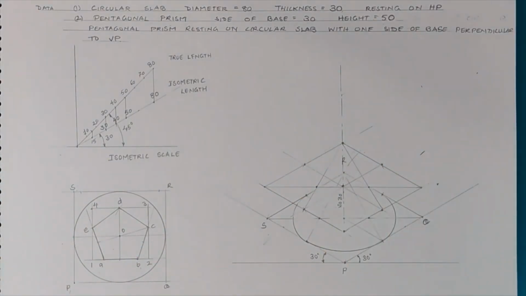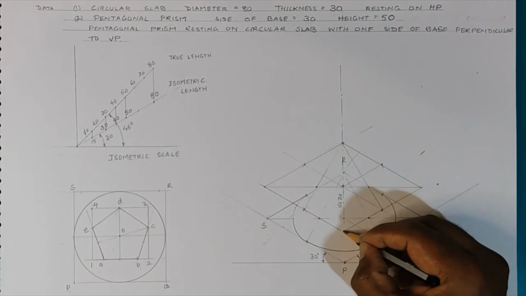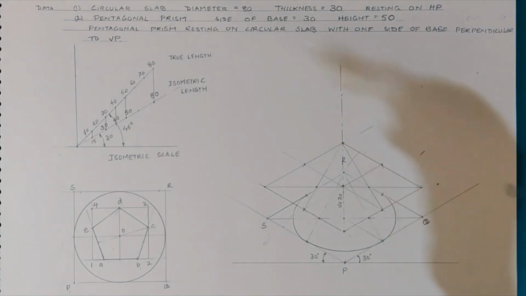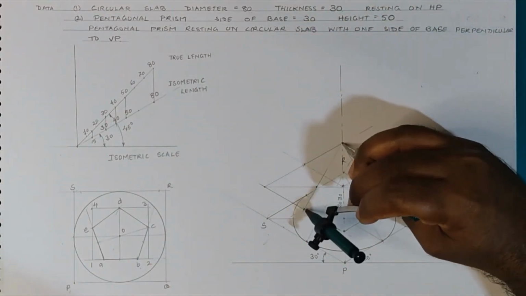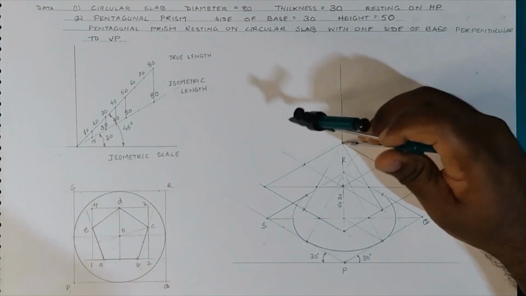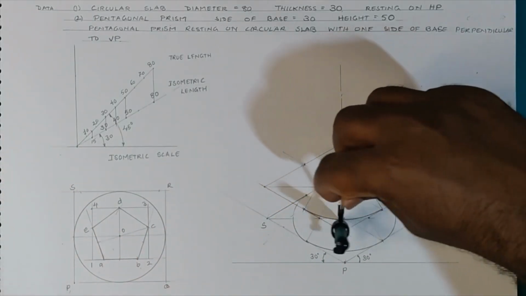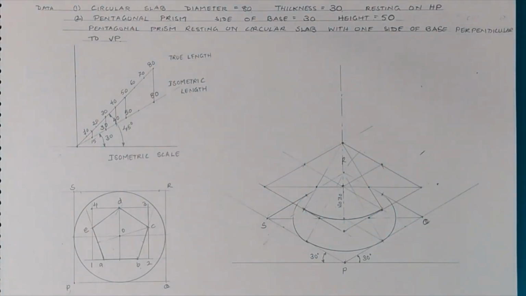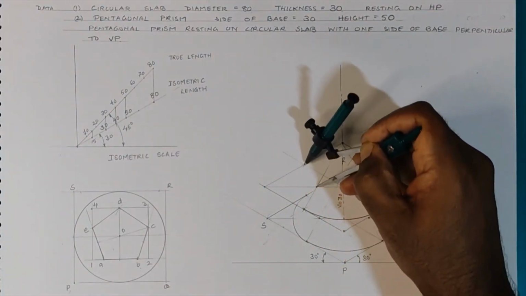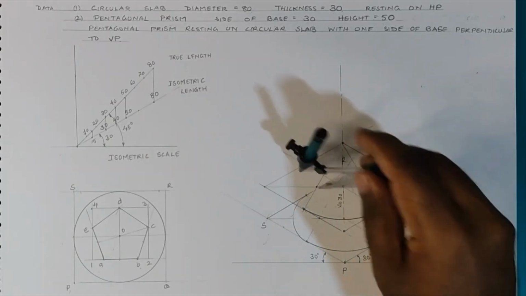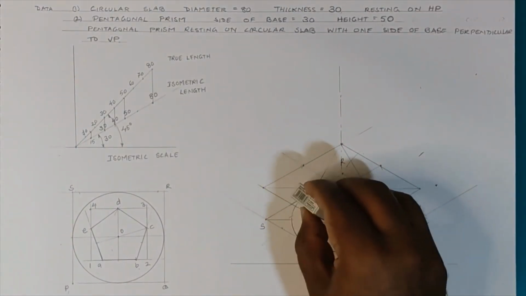So these are the 2 centers. From the obtuse angle corners, I will be taking distance up to the midpoint of the opposite side and draw an arc. So the front arc would always be dark. The arc on the back side I will be making faint, but the side arc I will be drawing.